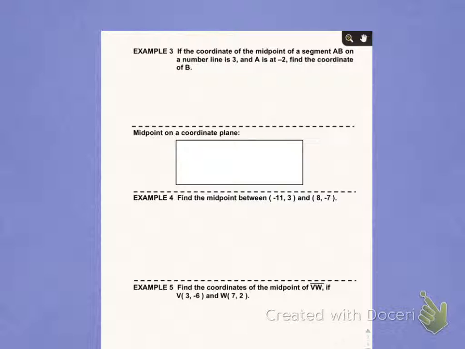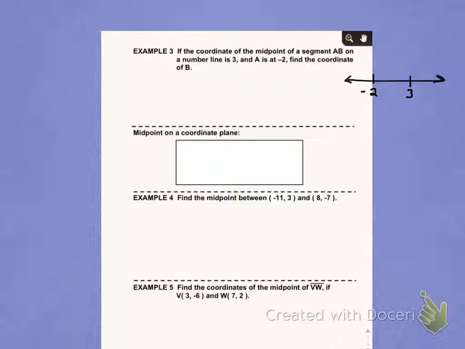If the coordinate of the midpoint of a segment AB on a number line is 3 and A is at negative 2, find the coordinate of B. Alright, well, we know the midpoint, but we don't know B. So what you know on a number line, and you don't have to draw this picture, I'm going to draw it off here on the side, but if you look at your number line, we know that A is at negative 2, and we know that the midpoint is at 3.